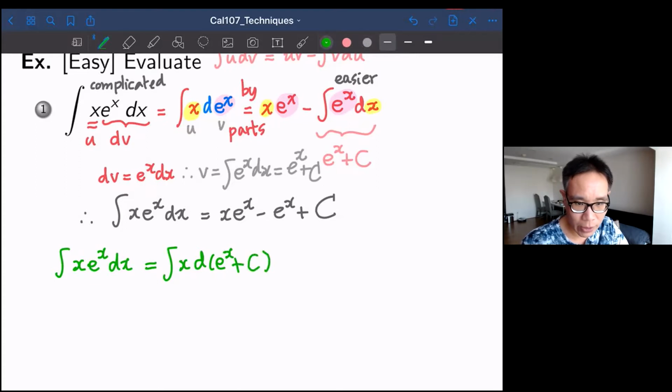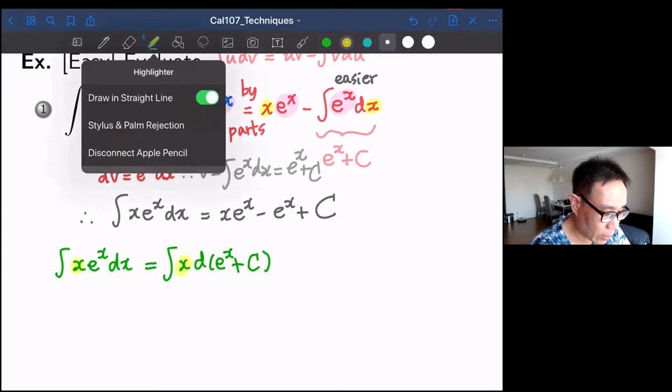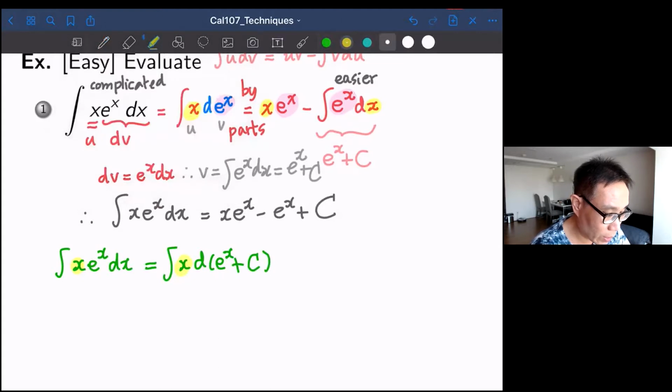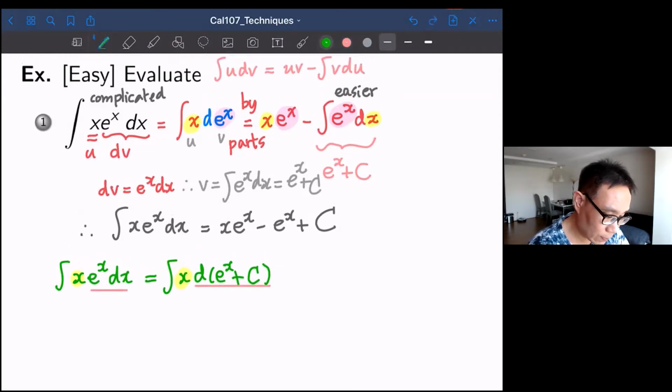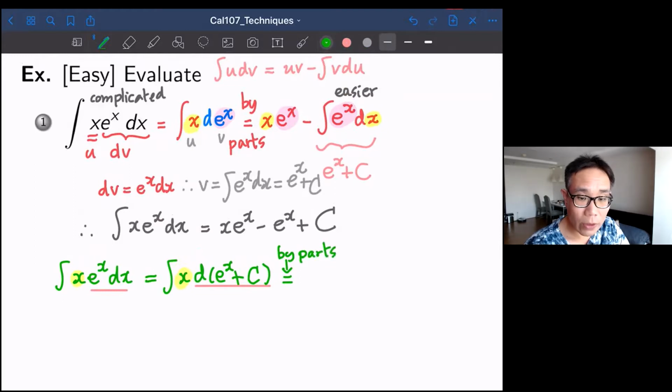In this case, you get x, which I'm going to highlight in yellow, and you have e to the x dx, which I will underline. So it's going to be this guy equal to this guy, right? So you're going to use integration by parts.